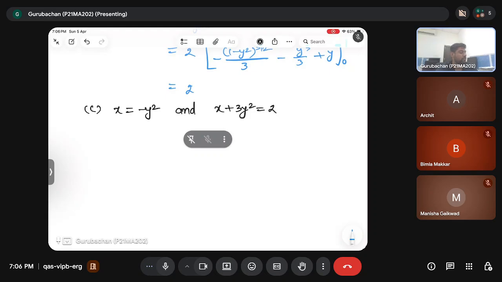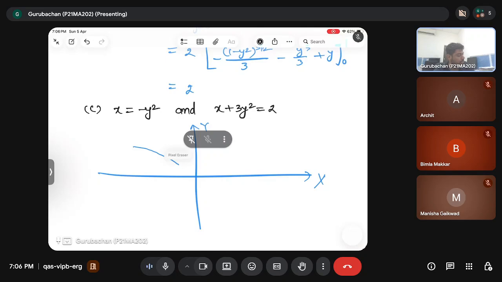So let us move to the next one. This is also given in the homework in the last tutorial session, so let me complete it. One curve is y square equal to minus x, so x will take the negative value only.